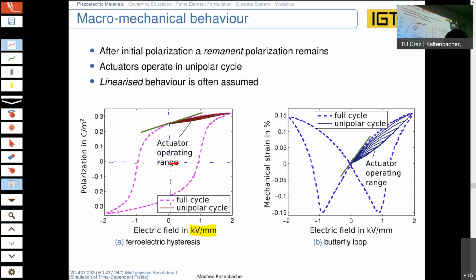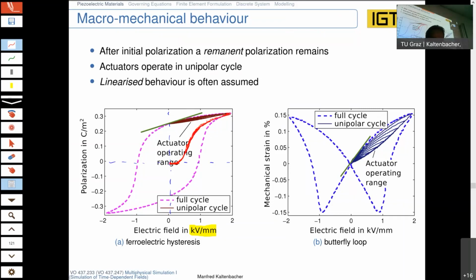Yeah? And then you will go up like this, and the larger the electric field, the more you go towards this so-called saturation, as you can see. Yeah? So we have here really this polarization curve.